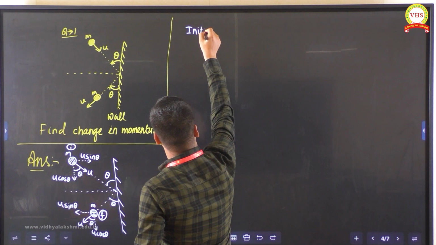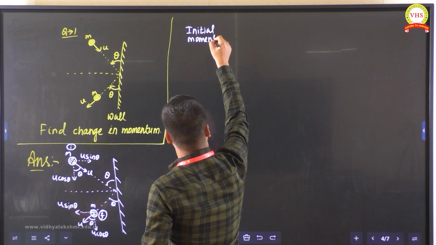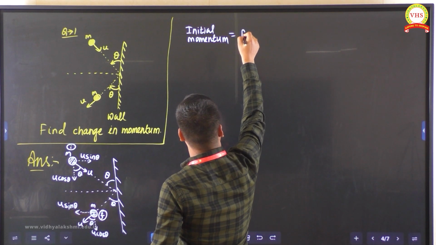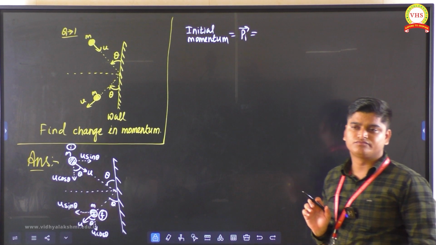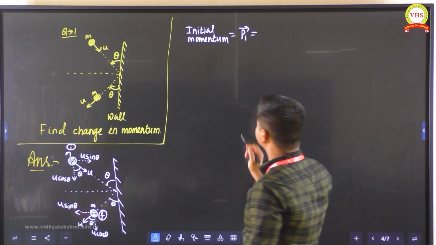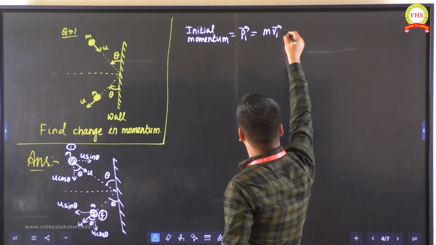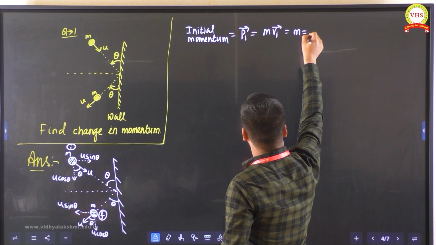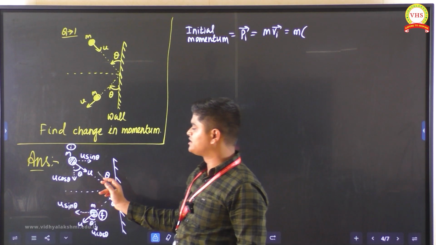What is initial momentum? Initial momentum will be Pi vector. So what is the Pi vector? Anyone can say? Mass into velocity, initial velocity vector. You check, all of you. What is initial velocity vector?